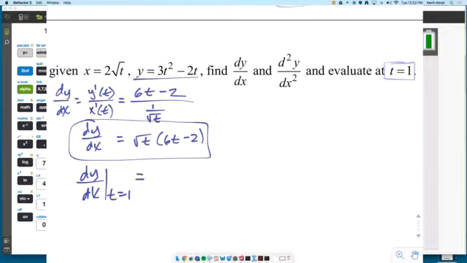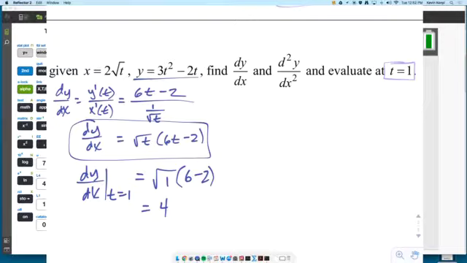We plug it in, we get the square root of 1 times 6 minus 2, which of course comes out to be 4. If you were to look at those two units separately, y prime of 1, just plug it into 6t minus 2, you get 4, and x prime of 1 is 1.